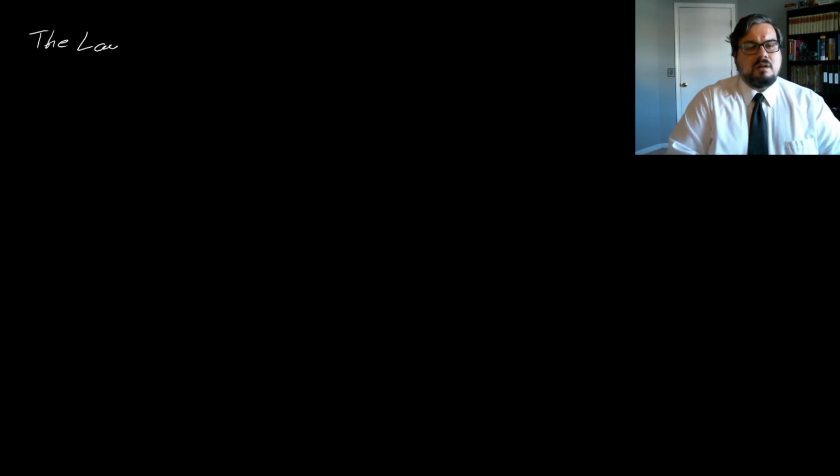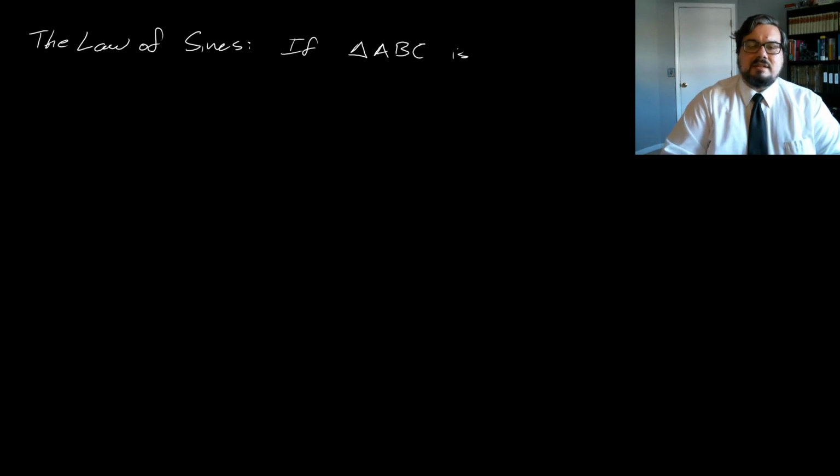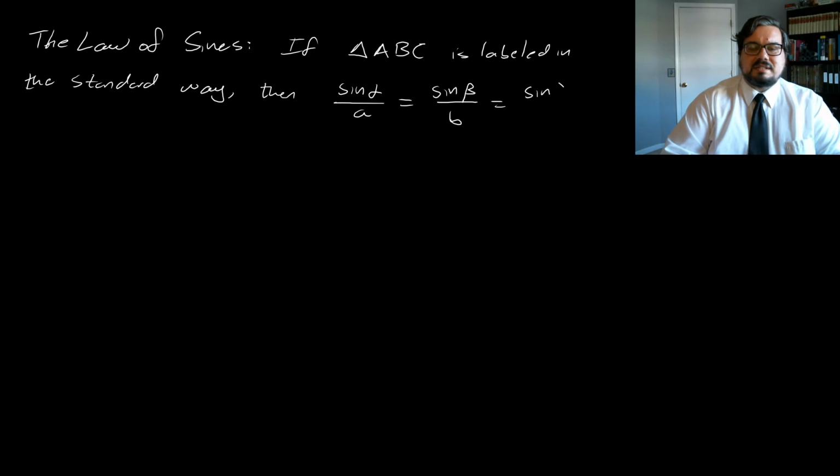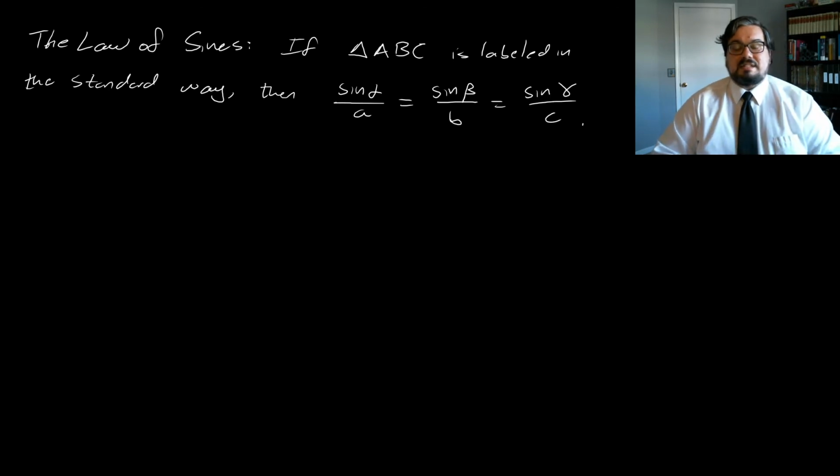So the law of sines. If triangle ABC is labeled in the standard way, then sine of alpha over a equals sine of beta over b, which equals sine of gamma over c.